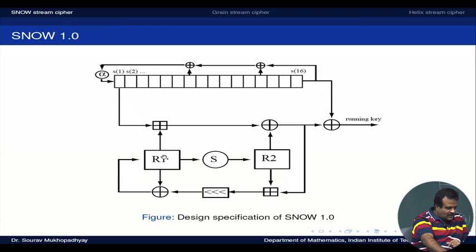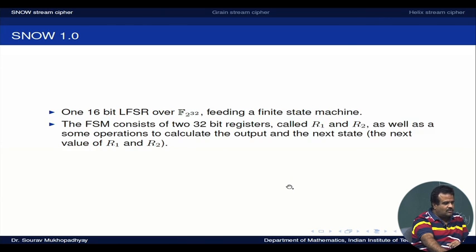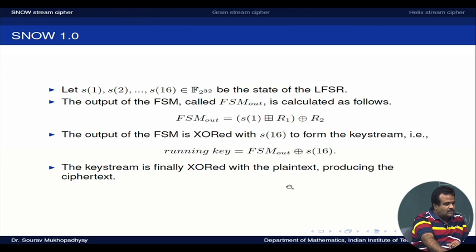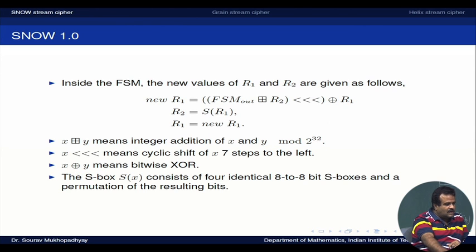Then it takes R1, XORs with that, and changes R1. Then it changes R2 again. So this is the state update function for R1 and R2.